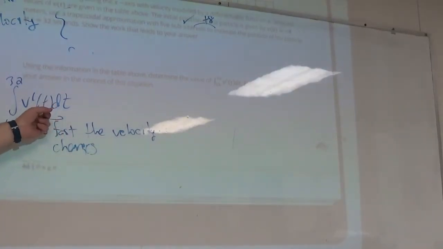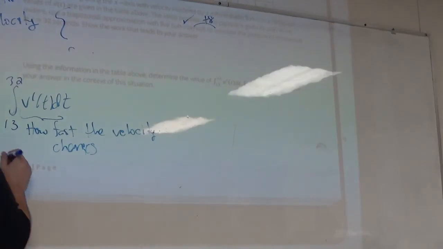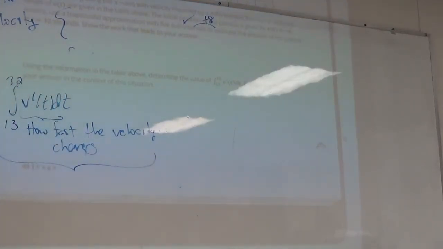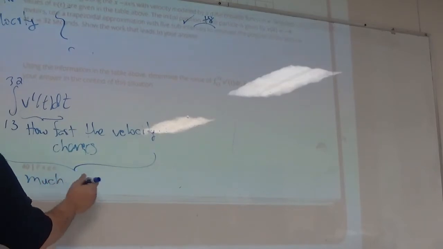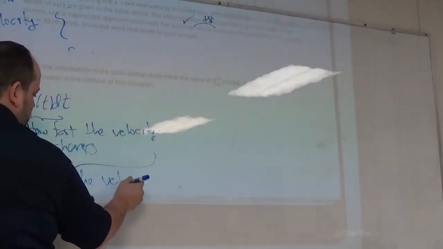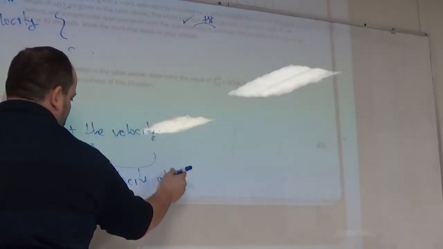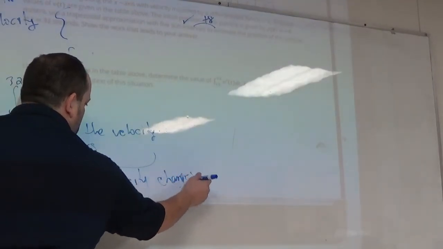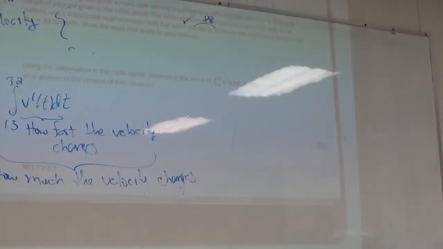Right? v prime is a rate function: how fast your velocity changes. So what is the integral? If v prime is how fast your velocity changes, this is how much the velocity changes. Be specific. From where to where?